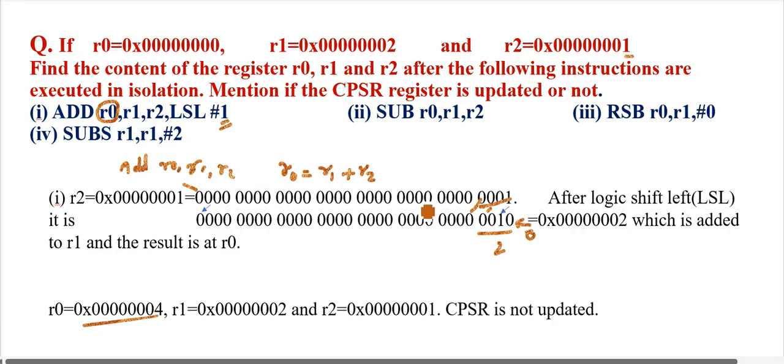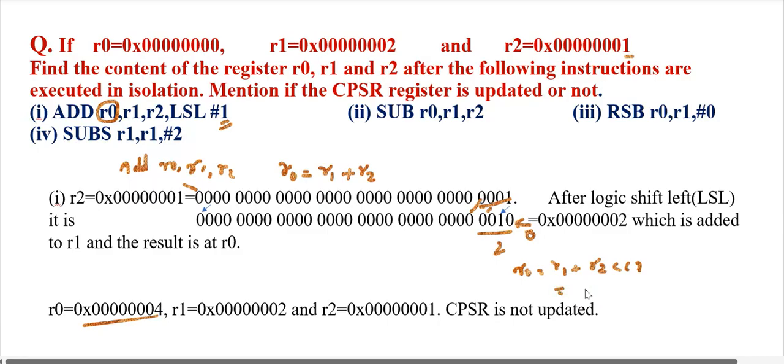After logically shifting R2, it becomes 2. For that one, what we have to add? It is R0 equals R1 plus R2 left shift by 1, R2 left shifted by 1 time.